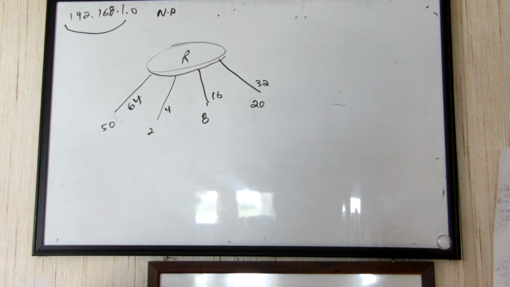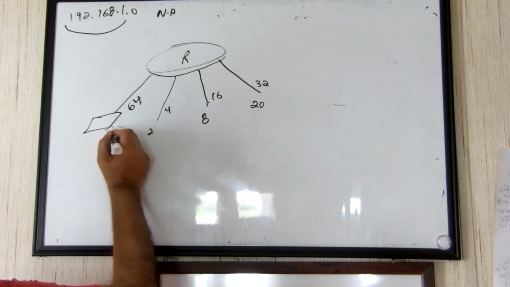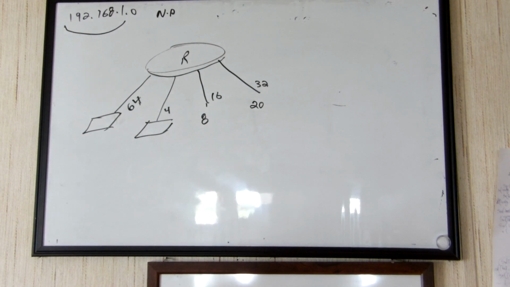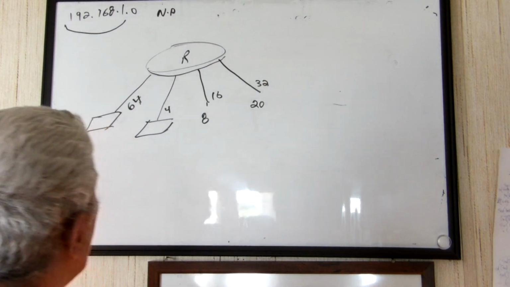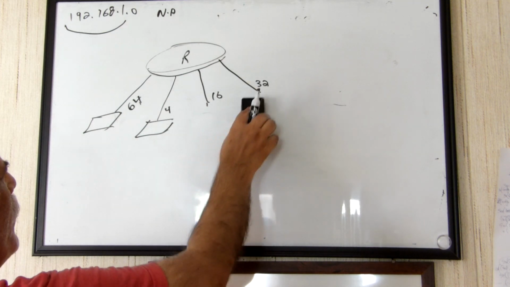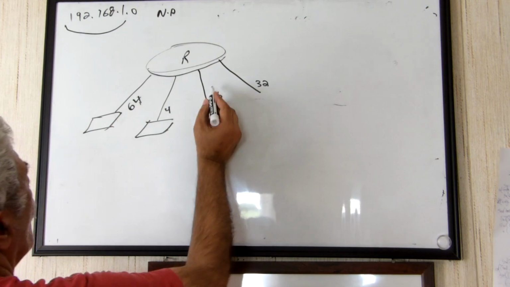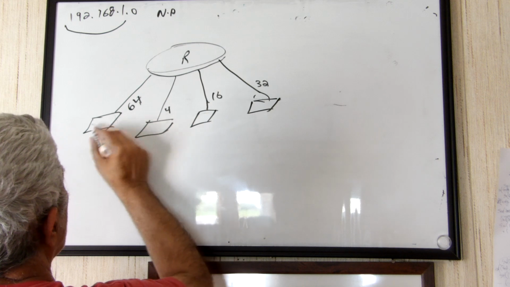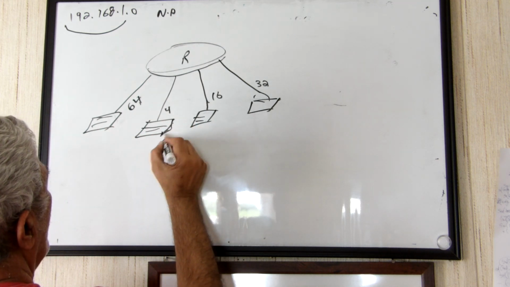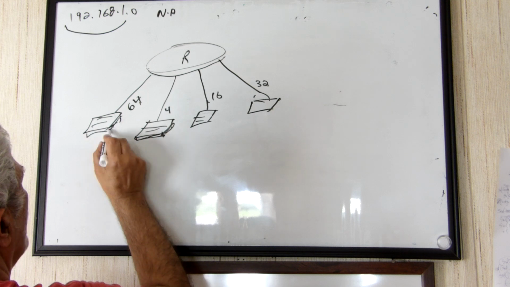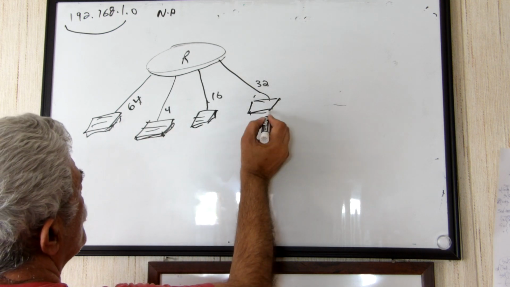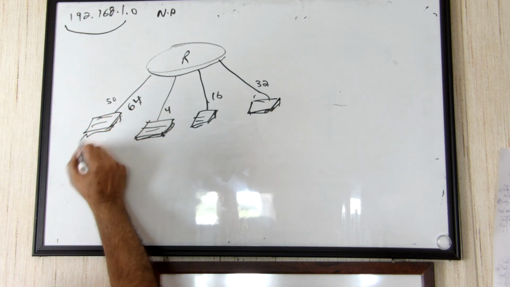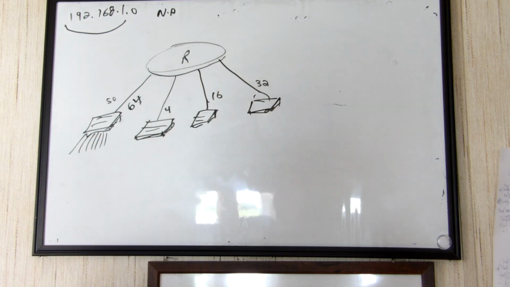But what we're going to do is make a model, and this is a switch. And then this switch: there's 64, we needed 50 computers, so there are 50 computers attached to this one.